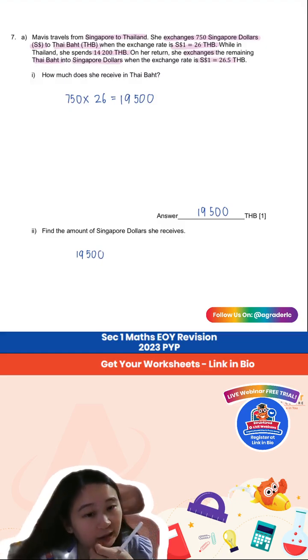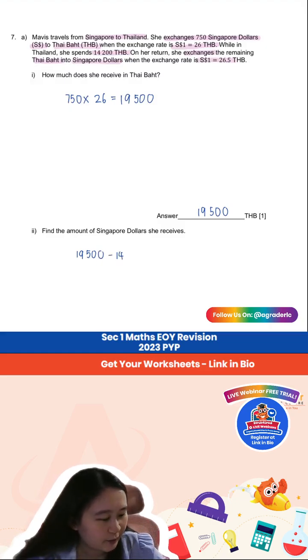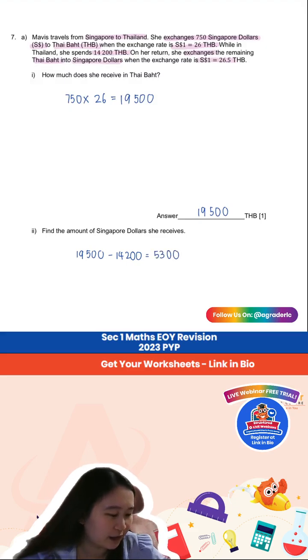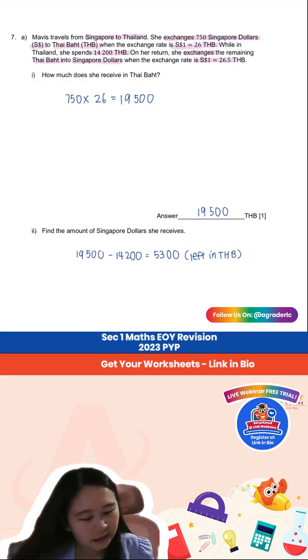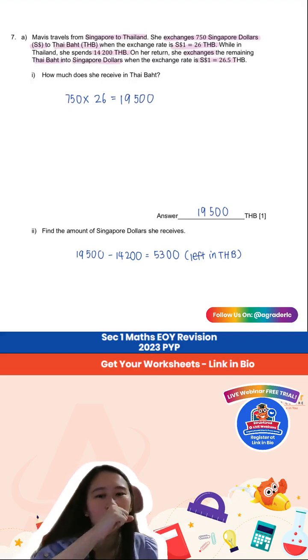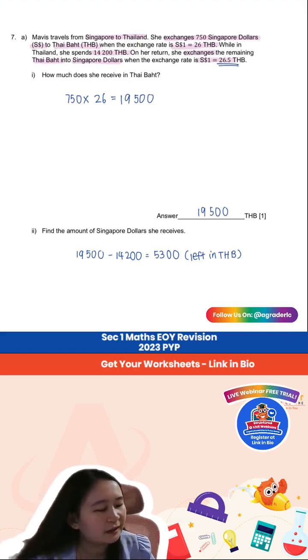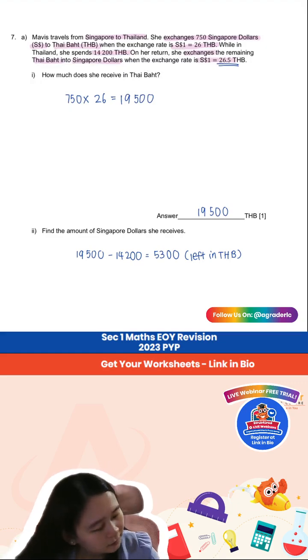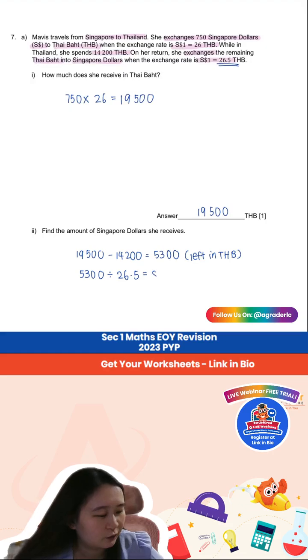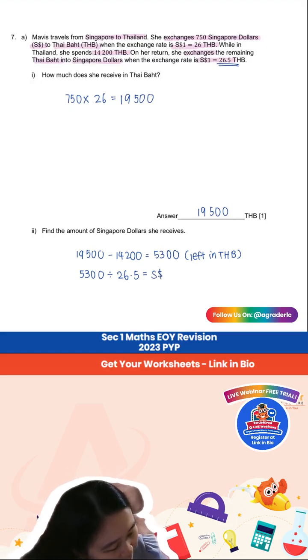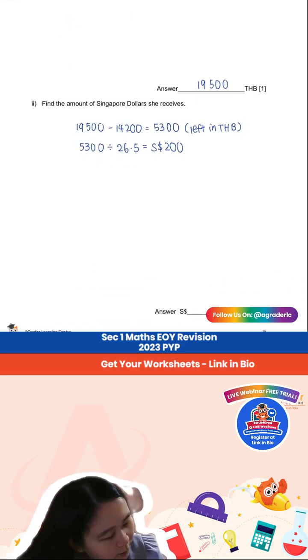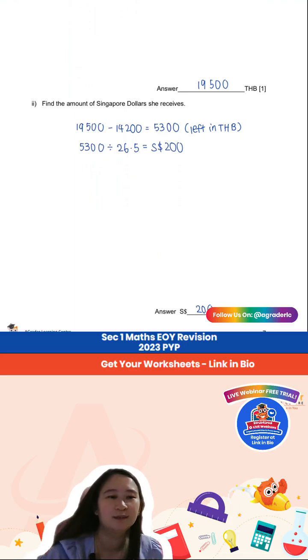So 19,500 Thai baht minus 14,200 Thai baht that she spent, she's left with 5,300. So this is the amount that she has left in Thai baht. Then 26.50 Thai baht can exchange for 1 Singapore dollar. So you take 5,300 divided by 26.5 to find the Singapore dollars. So she will receive Singapore dollars $200.